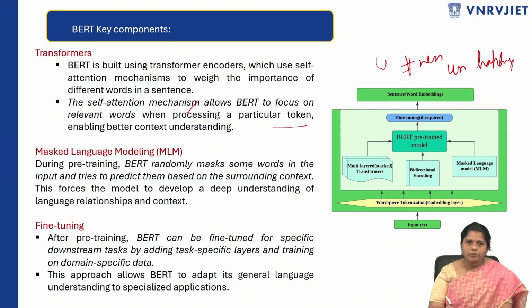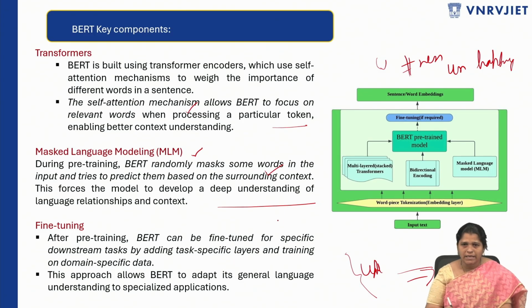The masked language model, during this training phase, will mask some words in the input and try to predict them based on the surrounding context. Now, where this word unhappiness has been used, it may be in terms of reviews of movies, or in terms of live series or live discussions. So this strategy of masked language modeling will help BERT to develop a deep understanding of language relationships.